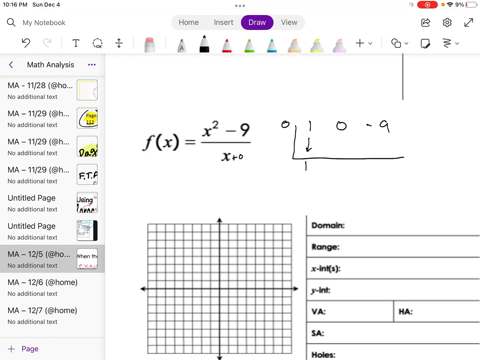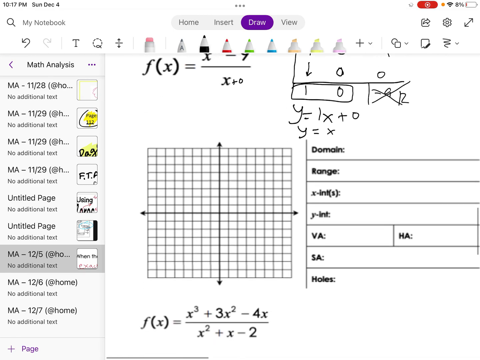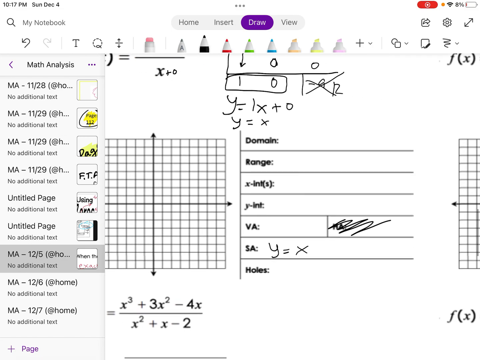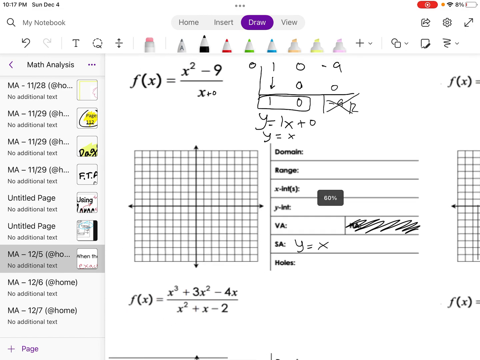This is like x plus 0, so we're going to put a 0 right here. 1, 0 times 1 is 0. 0 plus 0 is 0. 0 times 0 is 0, and then the minus 9. That's my remainder. I don't care about my remainder, but I care about this stuff. So this is like y equals 1x plus 0, or just y equals x. So I'm going to take that and put it as my slant asymptote.